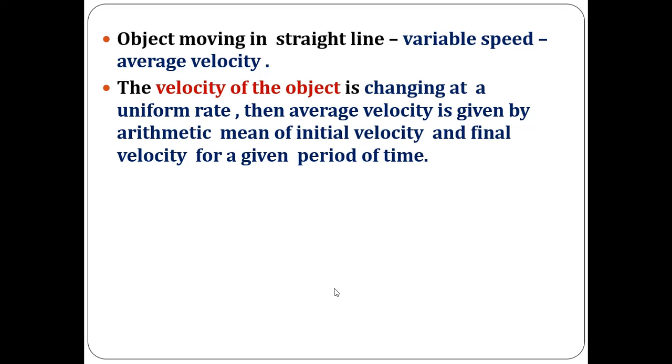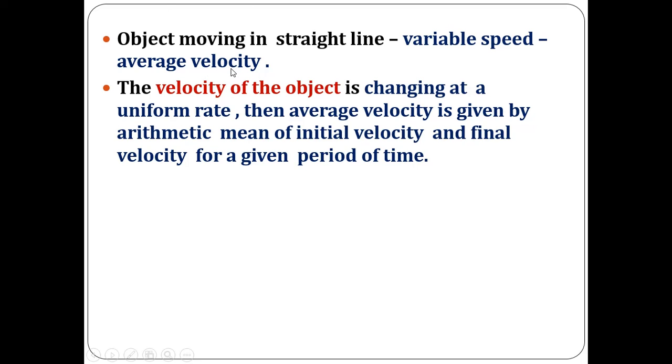Now, when an object is moving in a straight line at a variable speed, at different speeds, then we can express the magnitude of its rate of motion in terms of average velocity.